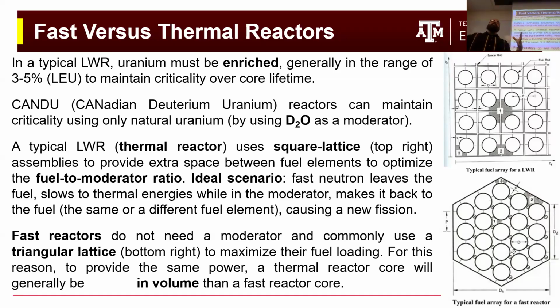That means that the actual size of that reactor core is probably going to be bigger in volume than the comparable fast reactor because of that fuel spacing. So the thermal reactor core will generally be larger in volume than a fast reactor core for that reason.